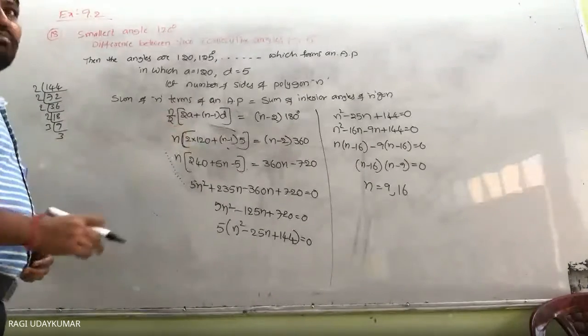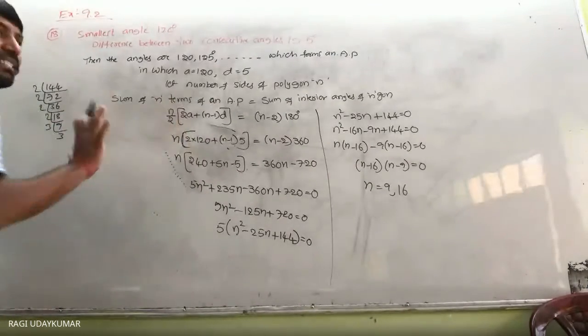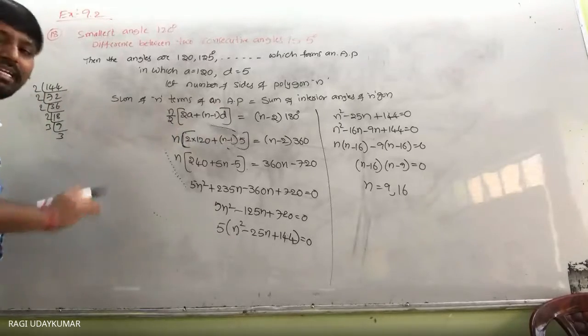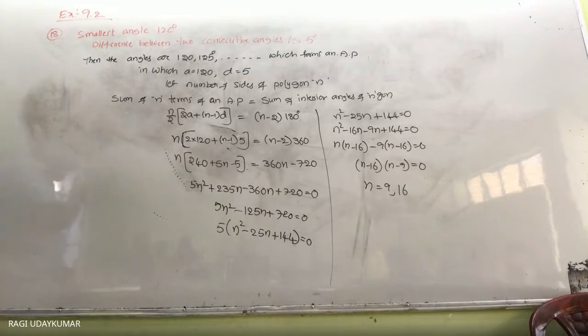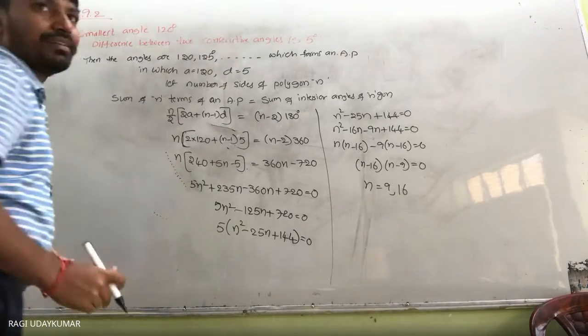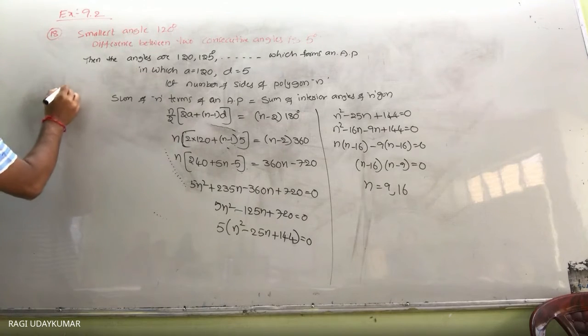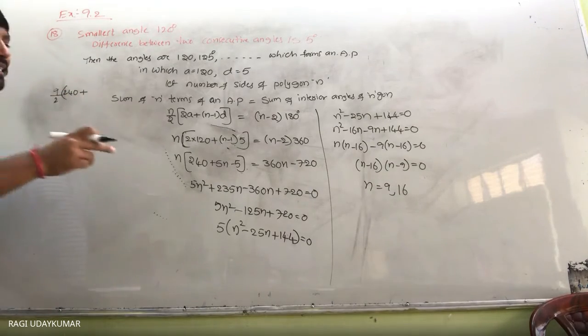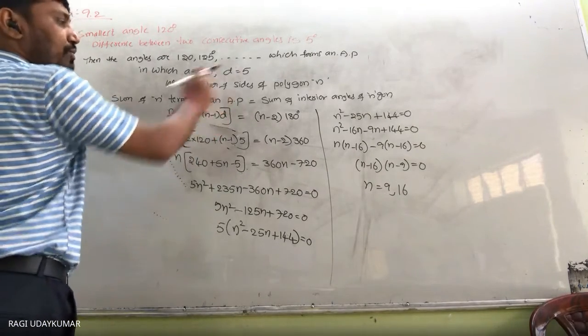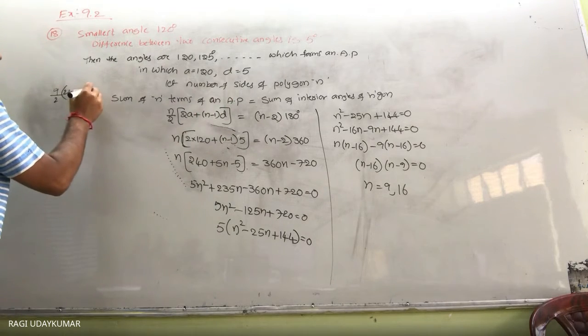Number of sides are n by 2. Okay, let us check. As he is saying that, let us check, although it takes a little bit time. 9 number of sides, if n sides are there, n terms हो जाएगा. So n by 2, 9 by 2, 2a, 240 plus n minus 1, 8. 8 into 5 is 40.